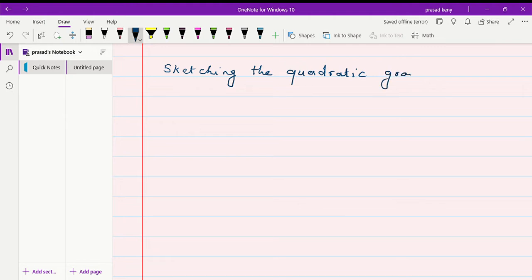So let me put a problem on the sketching of quadratic graph here.